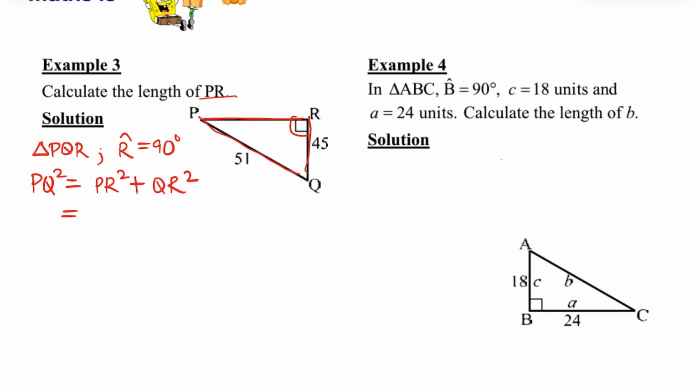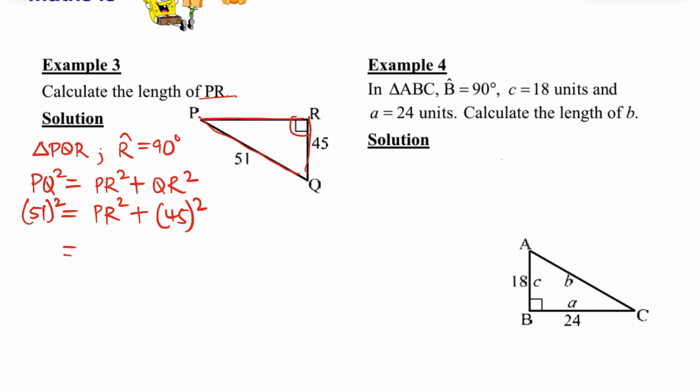So let's substitute. PR must be lesser than PQ, sorry. PQ is 51, we substitute 51 square, and PR is the one that we're looking for, and QR is 45 units square.